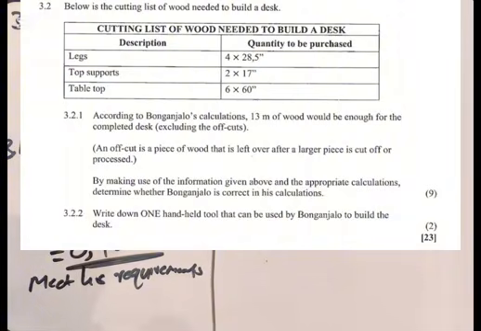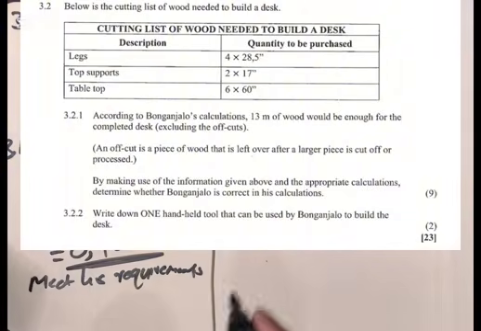According to Bonganjalo's calculations, 13 meters of wood will be enough for the completed desk, excluding the cut-offs, okay? By making use of the information given above and appropriate calculation, determine whether he is correct in his calculations.